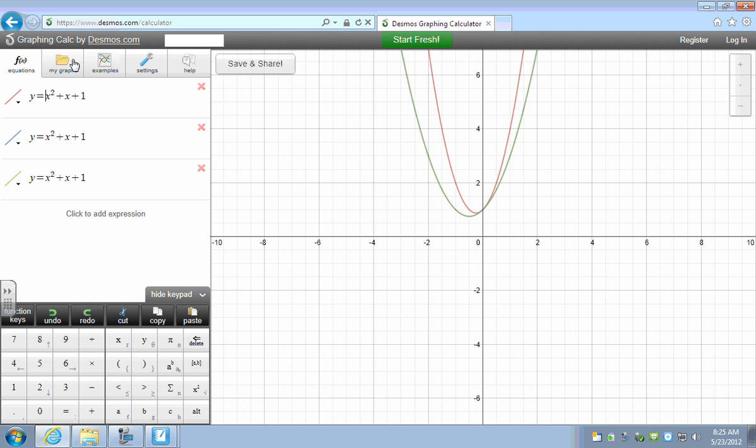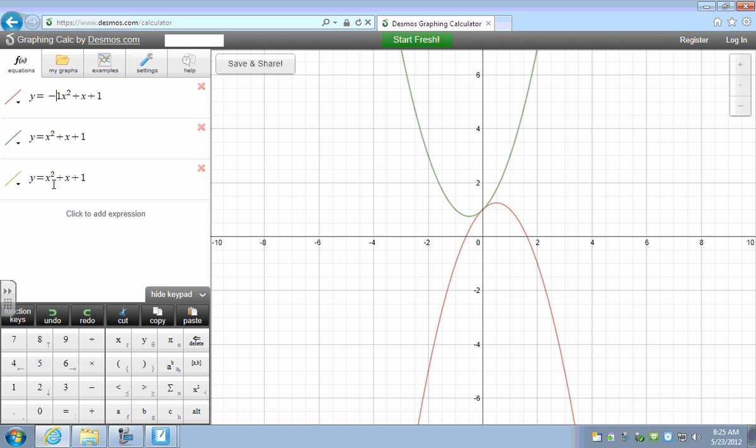Let's see what happens if we put 3. Okay, what if we put something big like 5? Okay, it's becoming more and more narrow. Okay, what if we put -1? You can see that it has now gone negative.